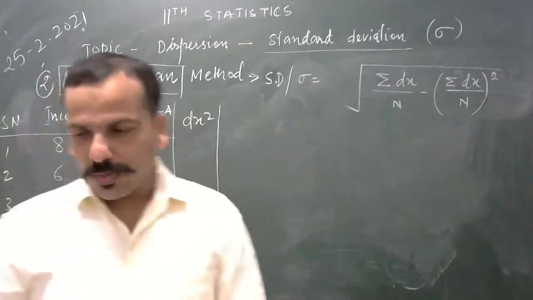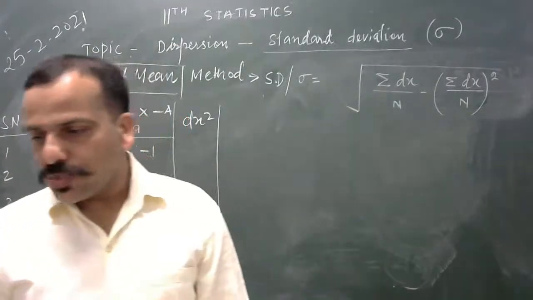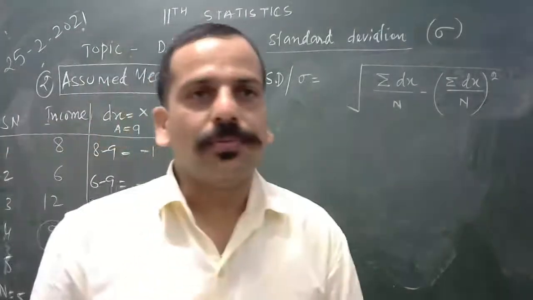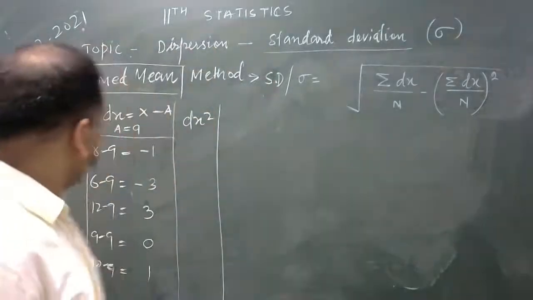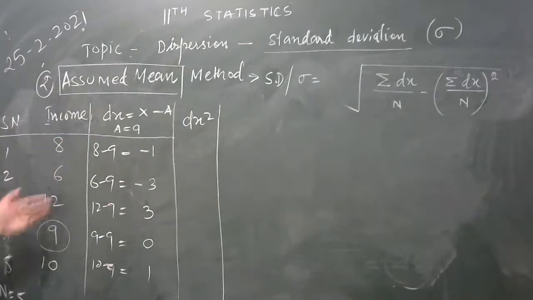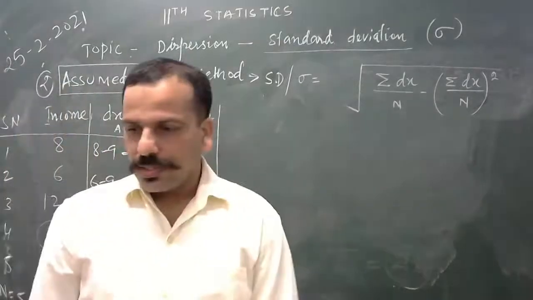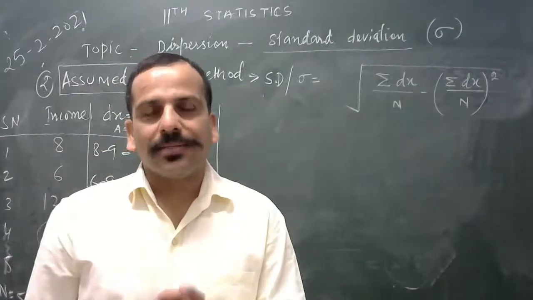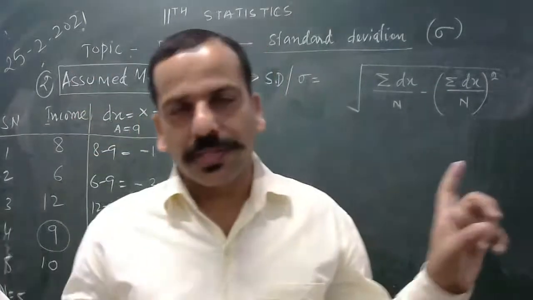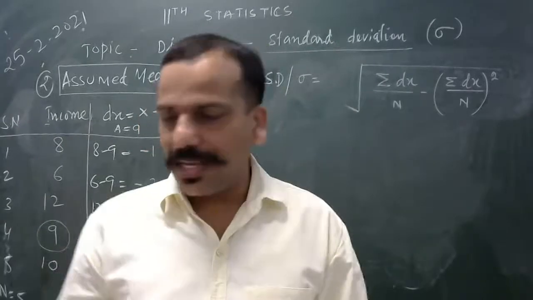Okay, so there is one question from this end. While assuming the mean, we have to take the mid value. Look at the numbers, the incomes: 8,000, 6,000, 12,000, 9,000, and 10,000. 12 is the highest number, not the mid. Don't go for the extreme values, lowest and highest.